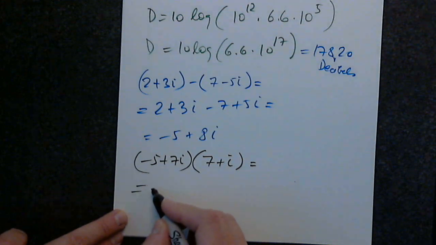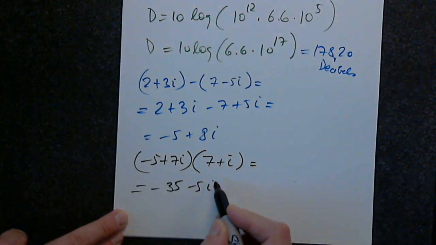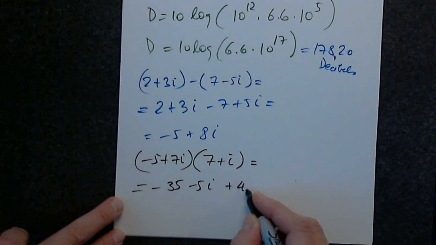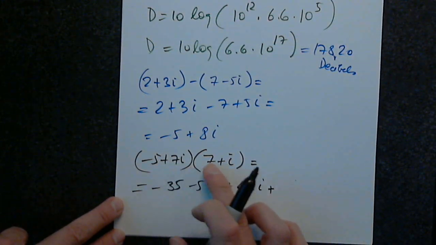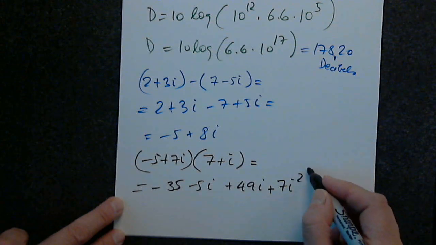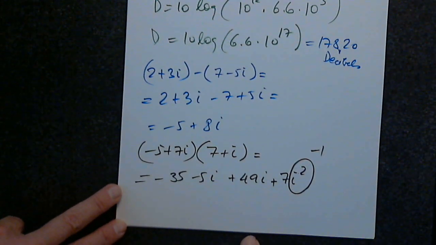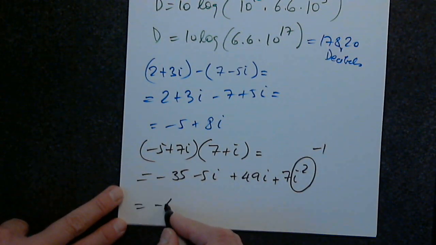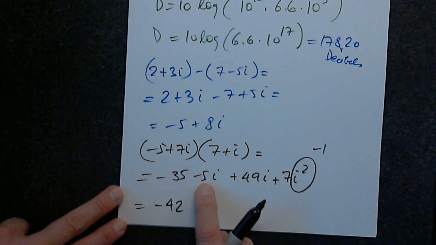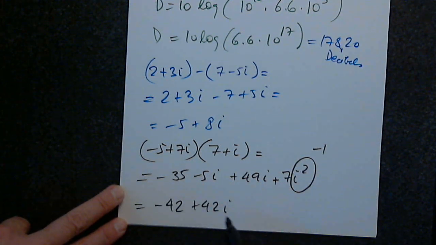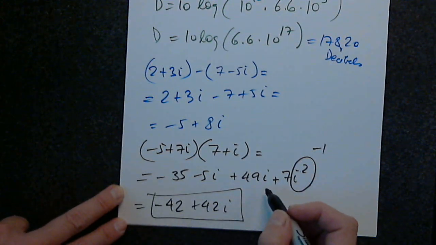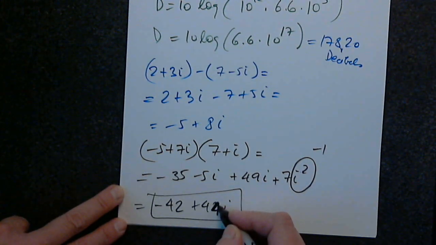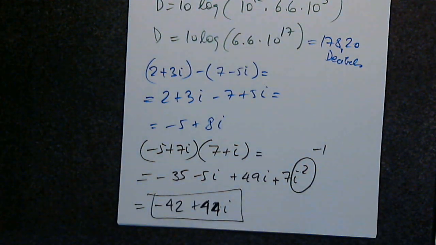So -35 and then minus 5i and then plus 49i and then plus 7i times i, which is 7i squared, but this has to be replaced by -1. So -7 with minus 35, -42. 49i with -5i is positive 44i. I'm sorry, 44, sorry. 49 minus 5. Is this okay? Yes? Okay.